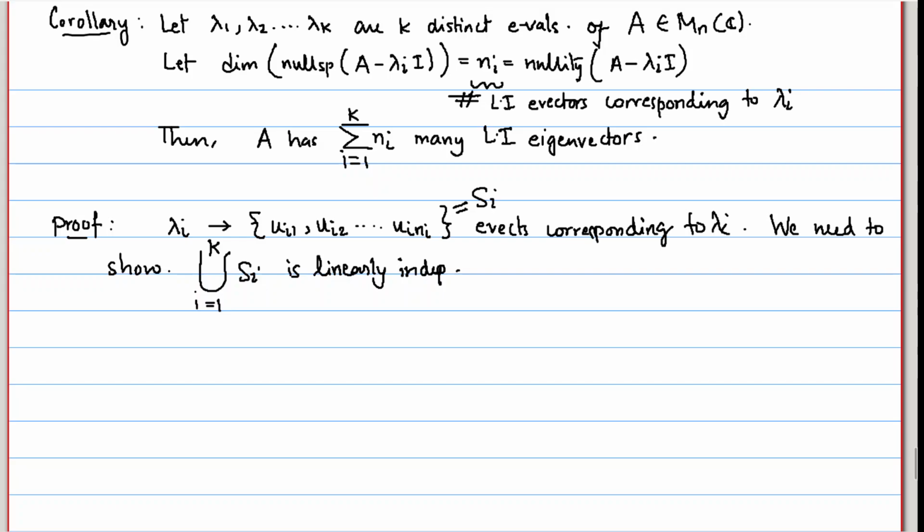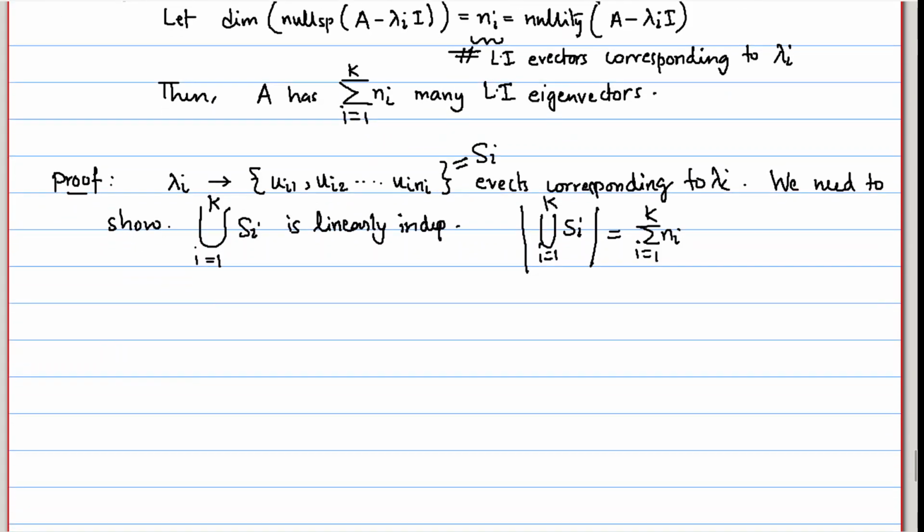How many elements will this set have? The cardinality of the union of the S_i would be equal to the summation of n_i. So we need to show that this set is linearly independent. Now let's take a denotation.